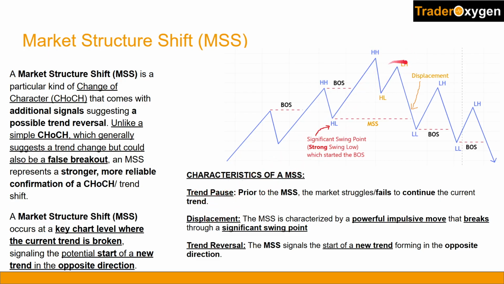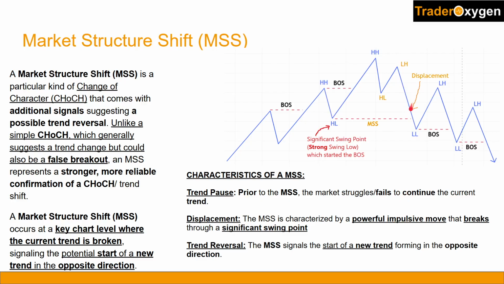Now you don't see this step in a normal change of character. Have a look at the previous video, then you will see it. Now this is a trend pause. And then after that, you see a significant displacement. That's a powerful impulsive move breaking a significant swing point. That means this is the displacement. It's a powerful impulsive move going down, breaking this significant swing low.